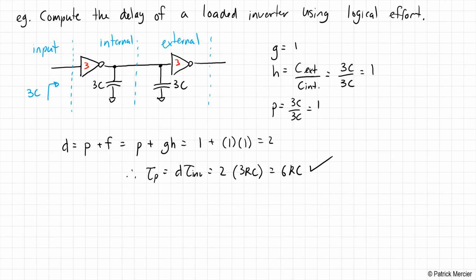So this has been a quick introduction into logical effort. Please take a look at the notes that I'm going to post online. They have some tables for the logical and parasitic efforts of typical logic gates like NAND gates and NOR gates for a variety of different inputs. Please take a look at those tables. They're of course also in the textbook.